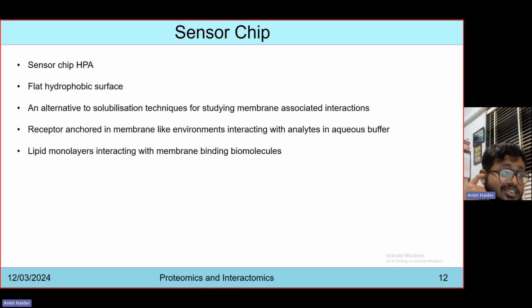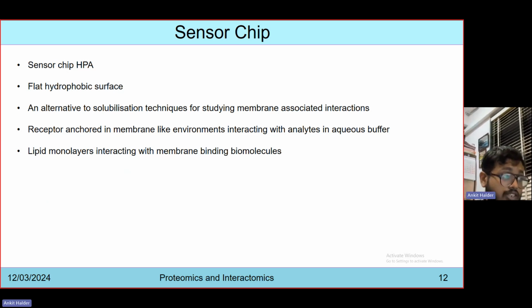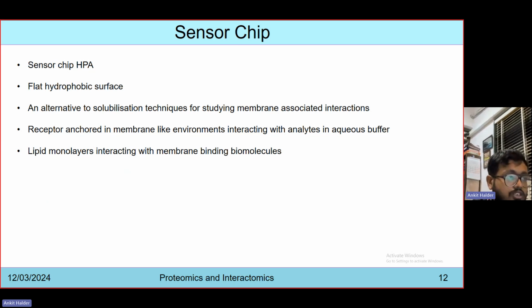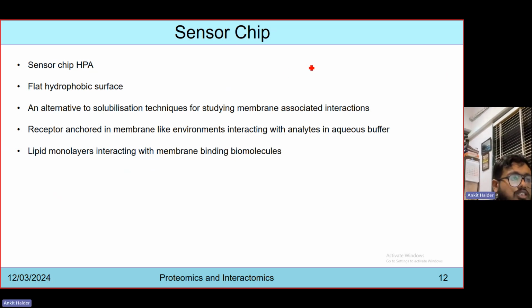Now next is the sensor chip HPA, which is a flat hydrophobic surface, and it is an alternative to the solubilization techniques for studying membrane associated interactions.